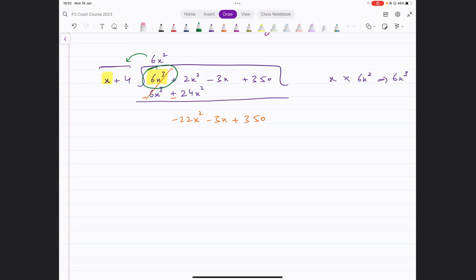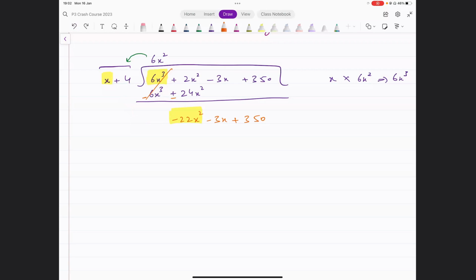So that's done. Now what you think about is, what do you multiply x by to get minus 22x squared? What expression do you multiply x by to get minus 22x squared? Now you've got to think about that. That's minus 22x. So x multiplied by minus 22x is going to give you minus 22x squared.